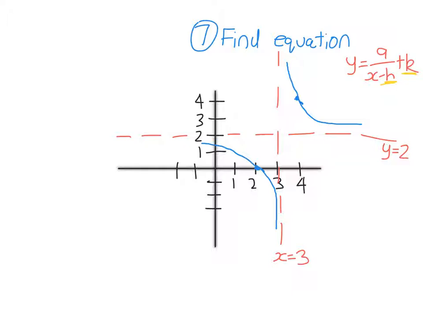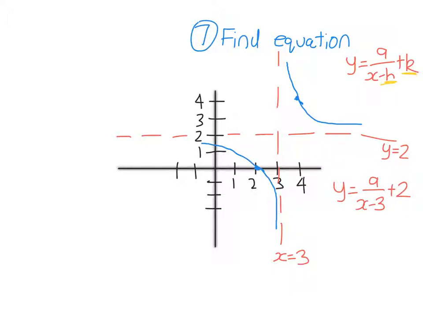The horizontal is y equals 2, and I apologize, they were much clearer on the question sheet. So from this, we can get the value of h and k. So h is just 3, and k is 2. So I know that this graph is going to have an equation of the form a over x minus h, because the asymptote that's vertical is 3, plus 2, because the horizontal asymptote was y equals 2.